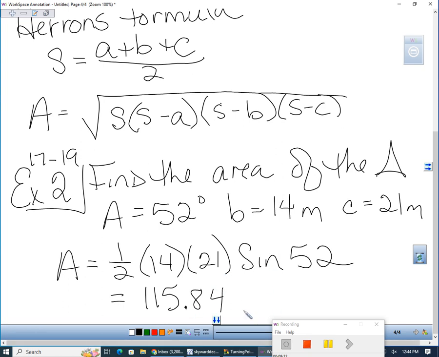And it is area, so technically this would be meters squared if we were putting a label on it, right? All I did was type that equation directly into my calculator with the information I had. Any question on that one? Okay. Example number 3 then.